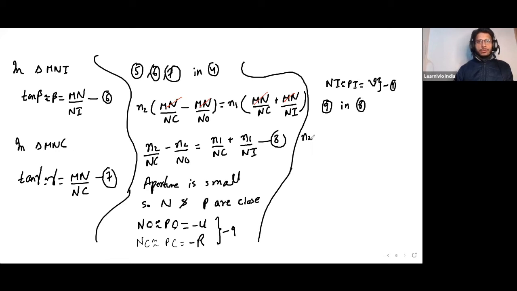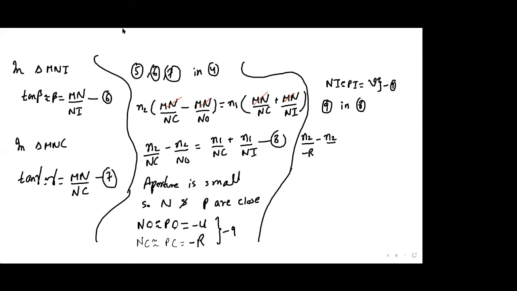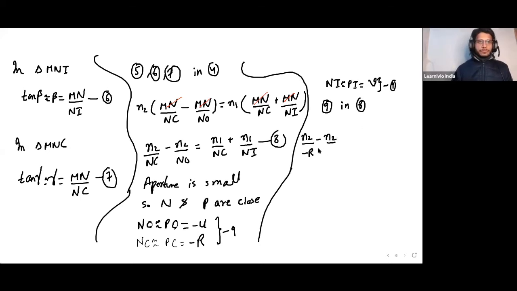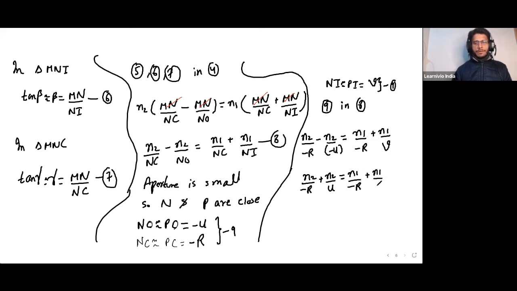It's N2 by NC minus N2 by NO, which is minus U. It's N1 by NC, which is minus R, plus N1 by NI, which is V. So N1 by minus R plus N1 by V.